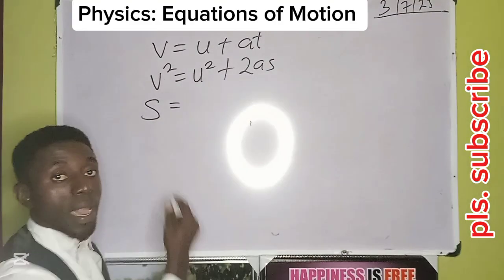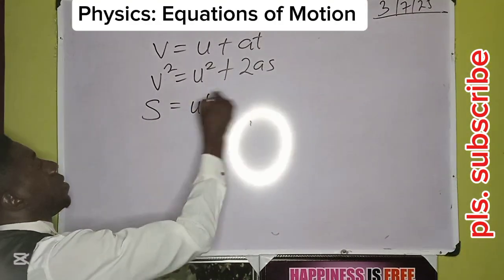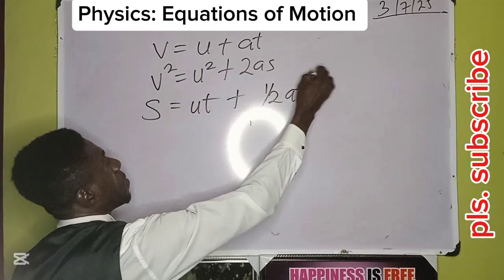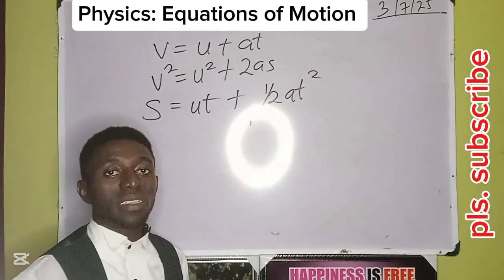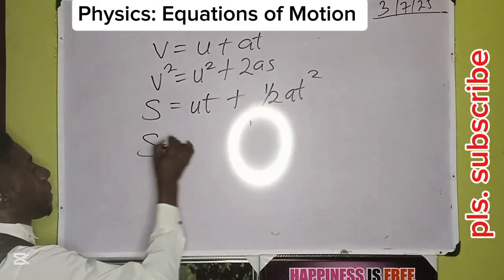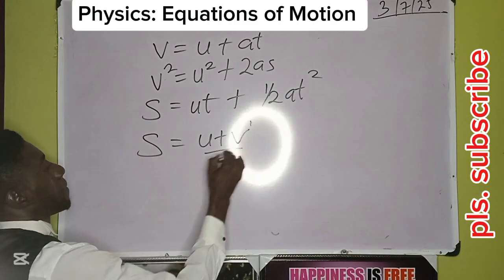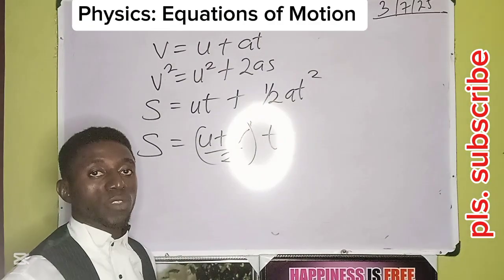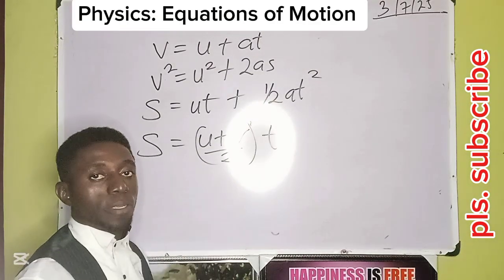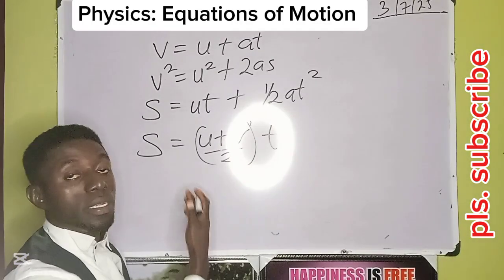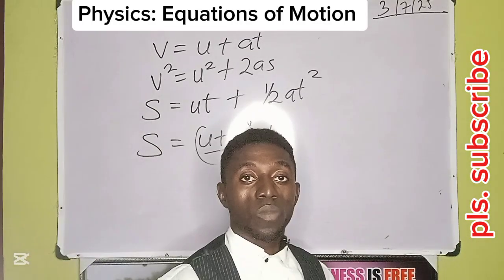Then the third one, X is equal to UT plus half AT square. And the fourth one, X is equal to (U plus V) over 2 times time. That's average speed. These are the 4 equations of motion.